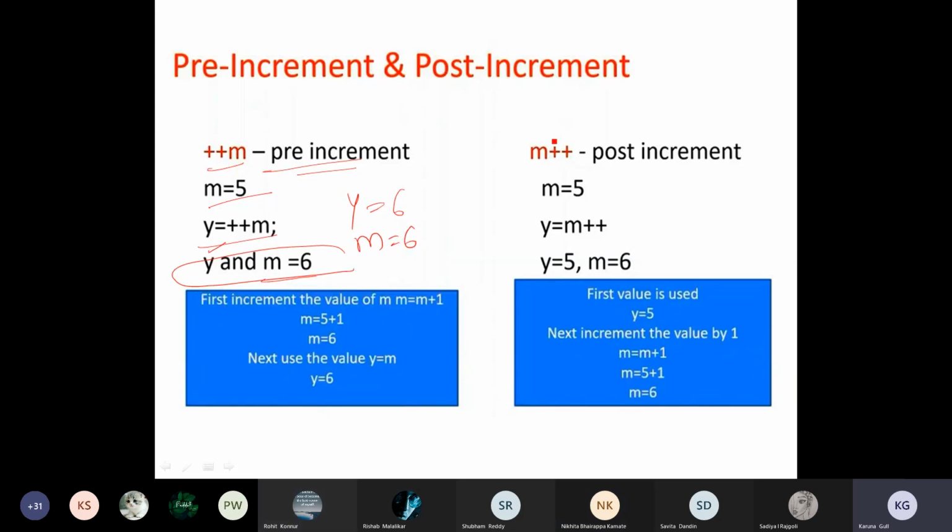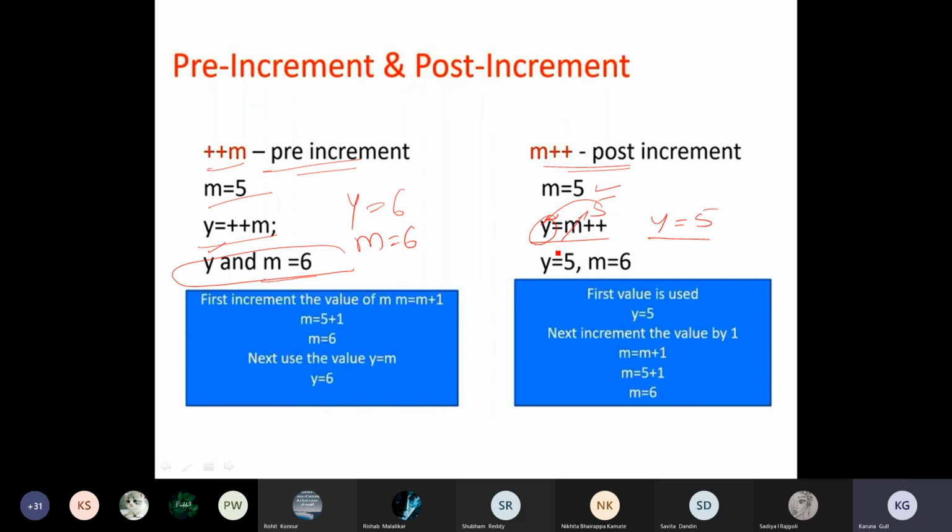Okay, now look into post-increment. m is equal to 5, y is equal to m plus plus. What is the value of y? 5. Why 5? Because it is post-increment. Whatever value m is having presently, that value has to be placed inside this.